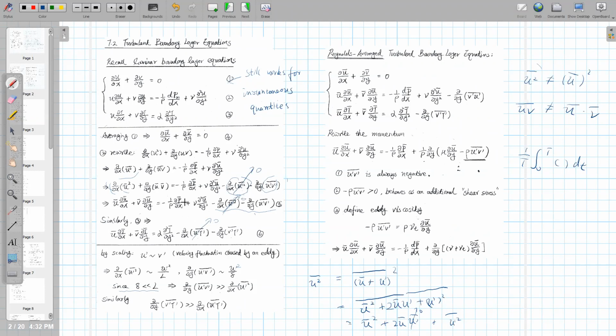So if you write the final turbulent boundary layer equations here, you have continuity here. So this will be the Reynolds average continuity. X momentum will be this one, but remove this component because from scaling, we know that this can be neglected. So this will be the final Reynolds average X momentum equation.